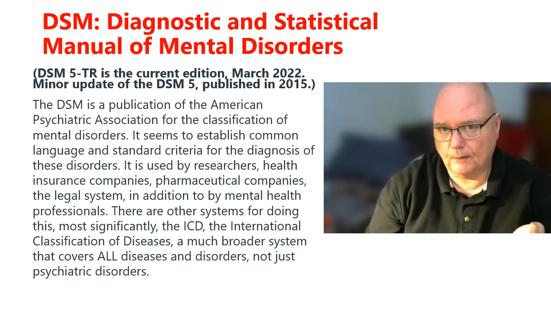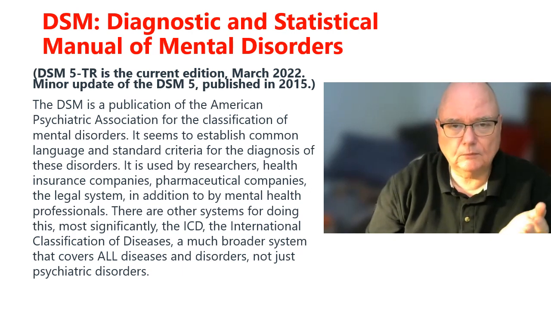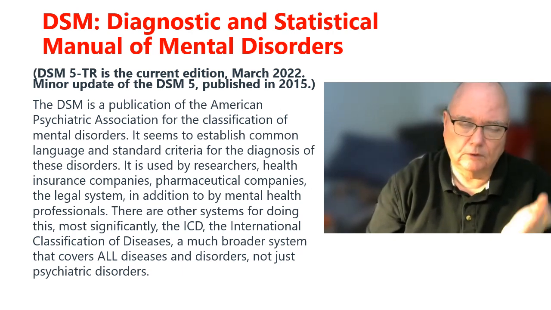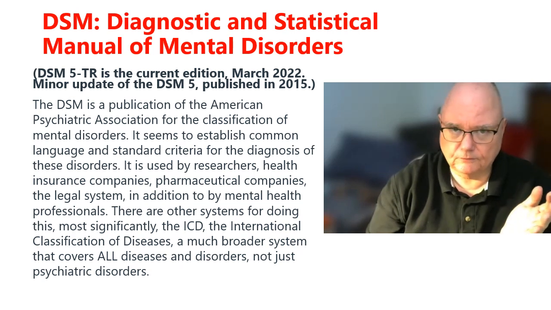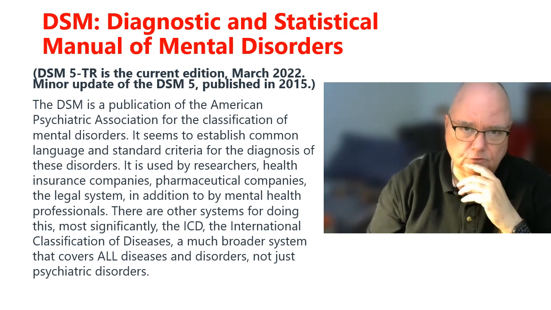There are all kinds of problems with the DSM, but the real gift of the DSM is that it gives us a way to describe these disorders that increases the chances that we're talking about the same thing. So if I'm in Los Angeles and I'm a researcher studying schizophrenia, and another researcher is in New York studying schizophrenia, it'd be really handy if we both were talking about the same disorder. And that's what diagnostic criteria do.